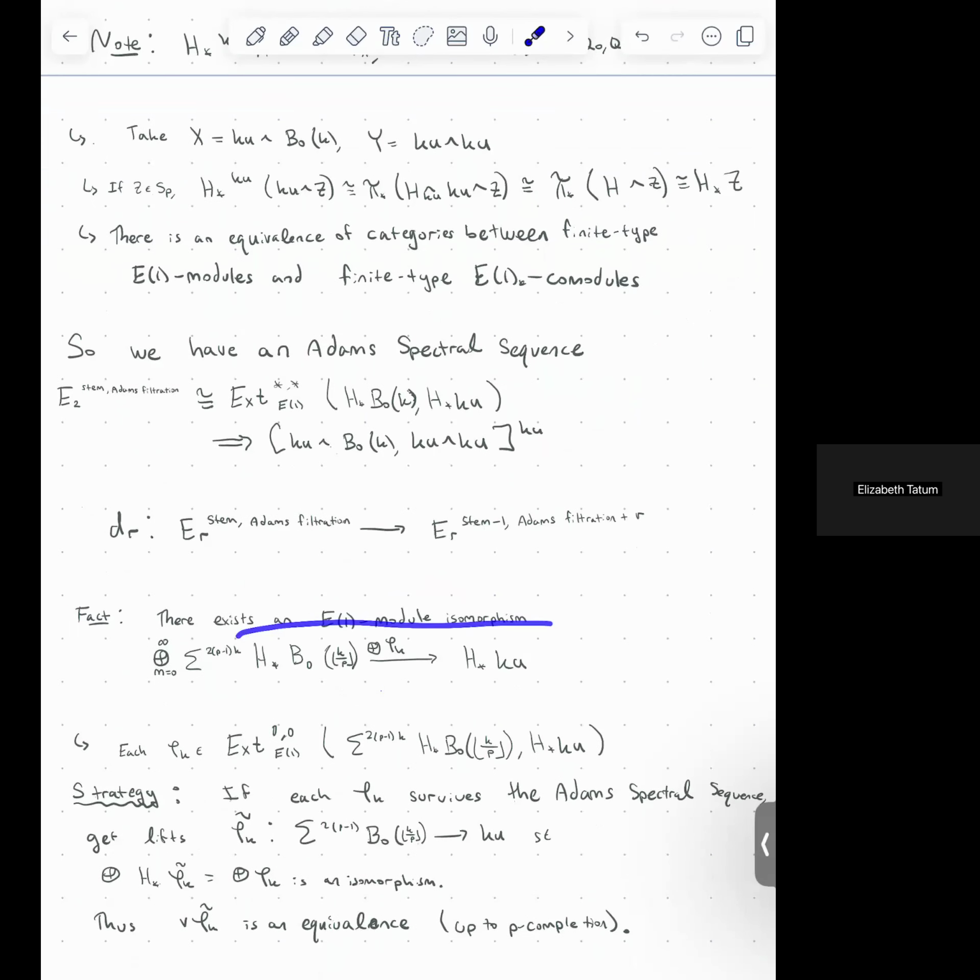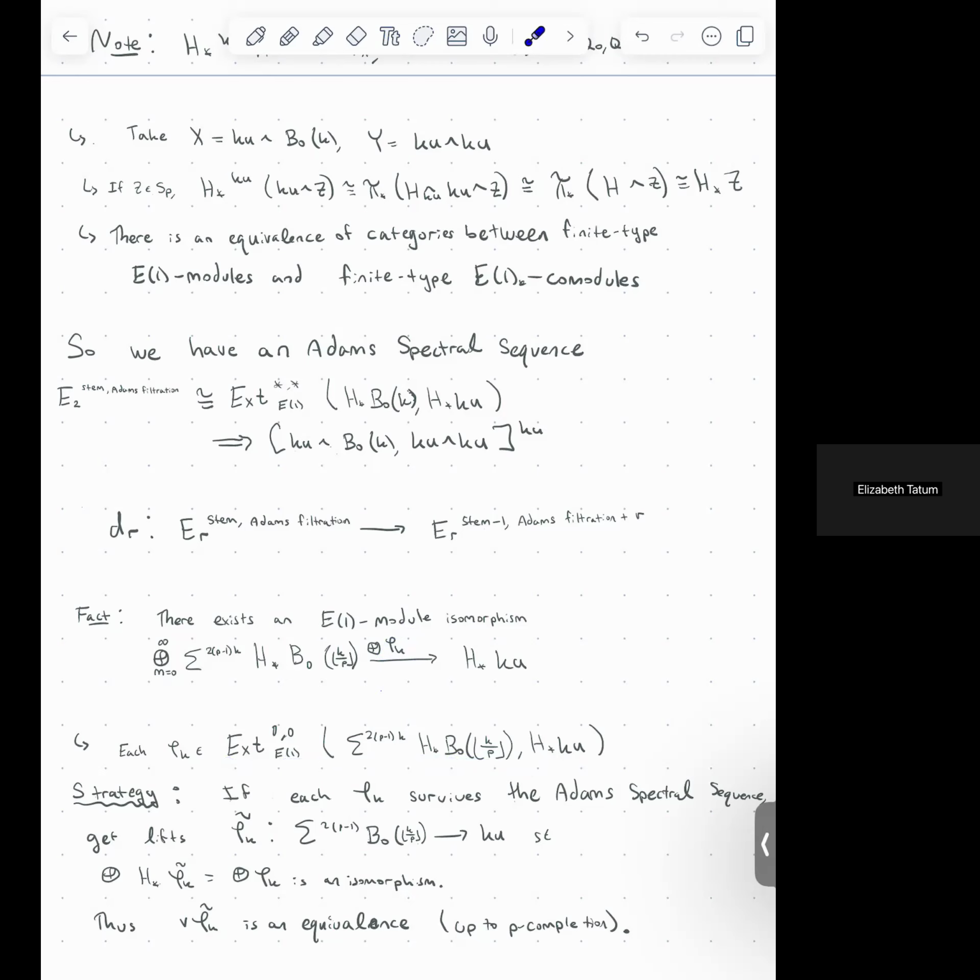So to be more specific, there's an E(1) module isomorphism from a sum of appropriate suspensions of these Brown-Gitler modules over to the homology of KU. So then what you can do is take the map phi k for each Brown-Gitler spectrum and think of it as a class that lives in the E2 page of this Adams spectral sequence.